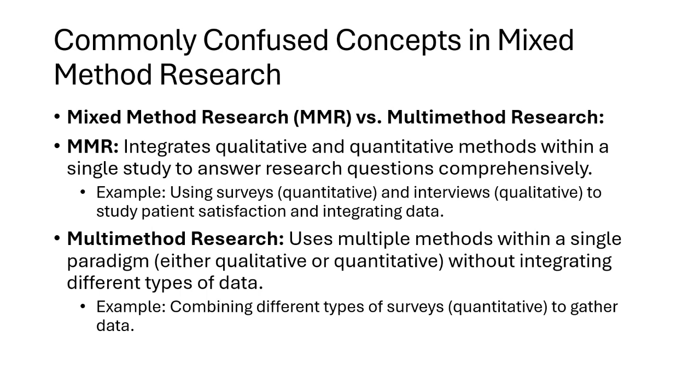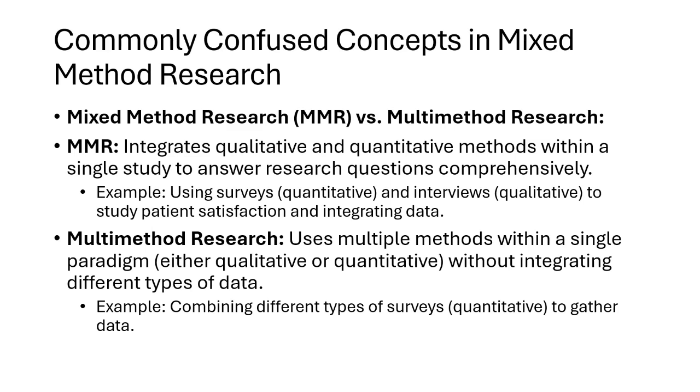So, for example, when we use the surveys to measure patient satisfaction, we might have certain concepts or certain data that we want to explore in greater depth, and the interviews would allow for that. Whereas in multi-methods, we combine different types of surveys, for instance, quantitative, to gather data. So very important, this aspect of integration that takes place.